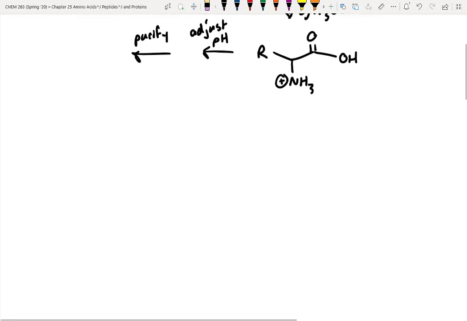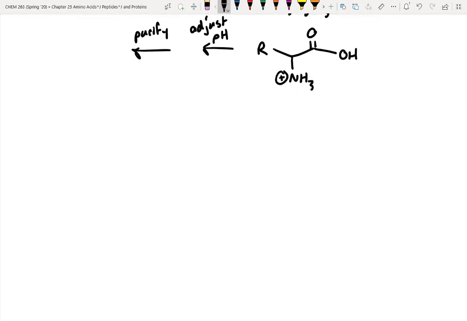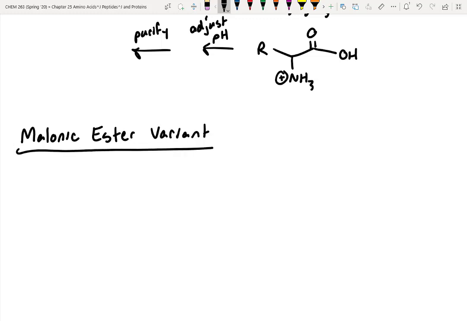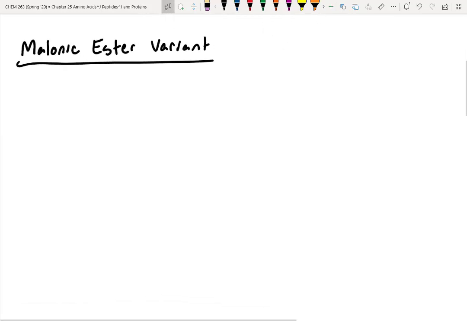All right, the next one is also fairly old school, and it's another familiar one. This is the Malonic Ester variant. This is another reaction that we saw in the alpha carbon chemistry chapter. And if you remember, in that chapter, we had this starting material that was diethyl malonate.